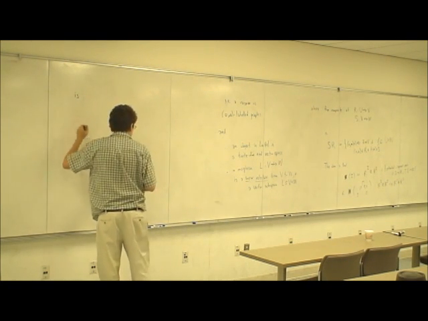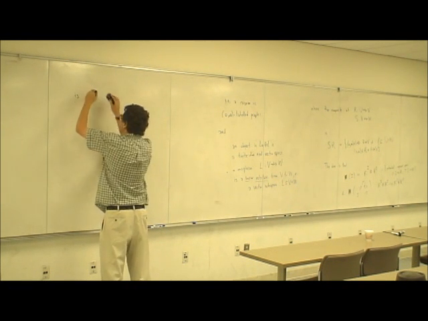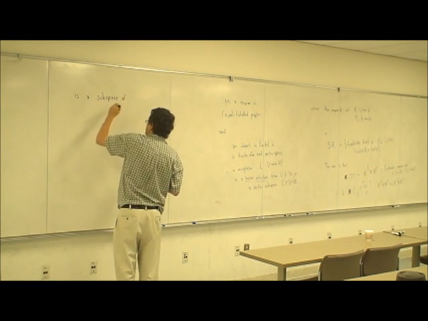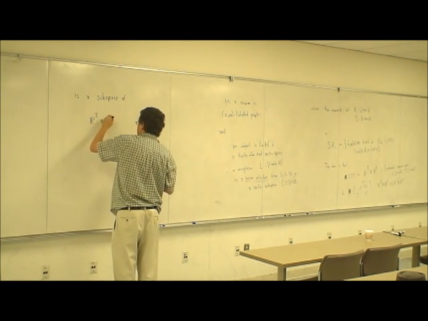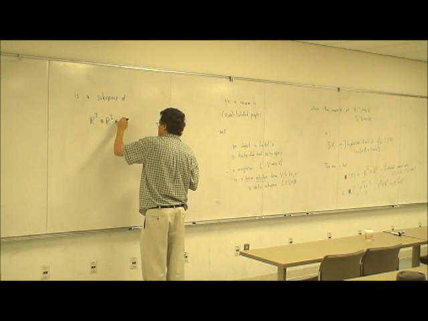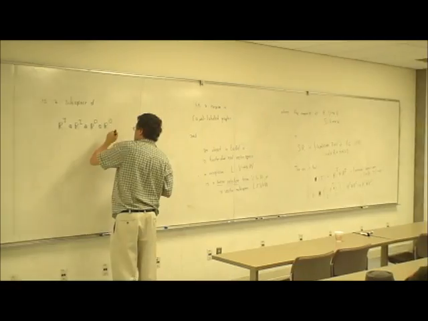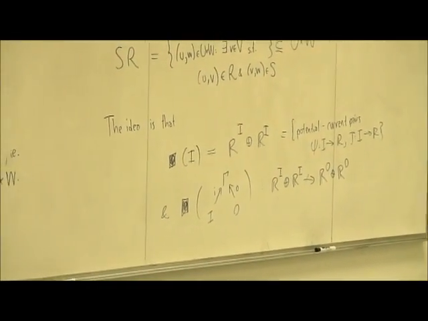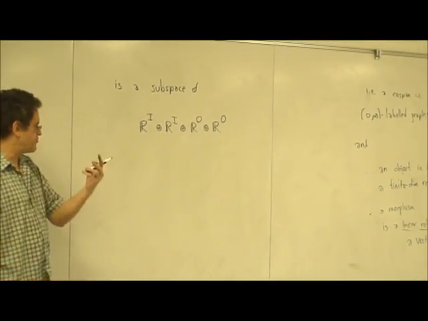So it's a subspace. By definition, it's going to be some subspace of Ri plus Ri plus Ro plus Ro. So it's some set of four-tuples. And which four-tuples?